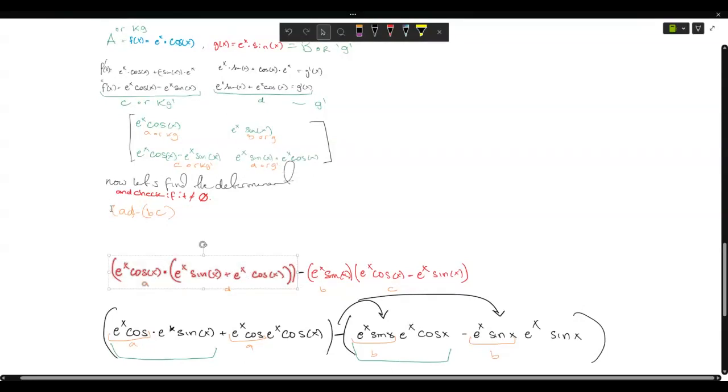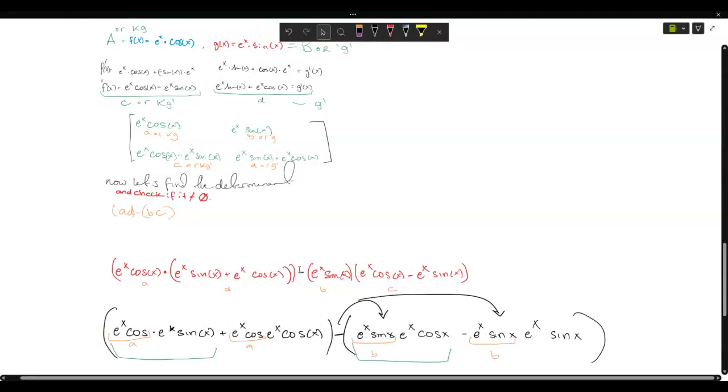So this would be AD, the first term of the determinant. Then you're going to subtract from it the C term and the B term, which are multiplied by each other, so you subtract BC from AD, and here we have e to the x sine x, and then e to the x cosine x minus e to the x sine x.